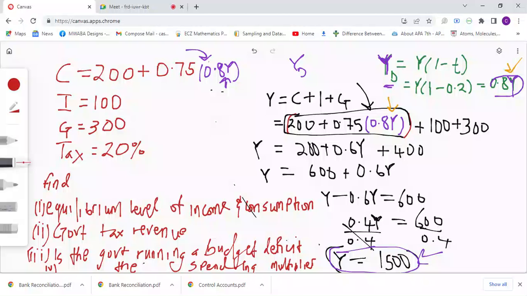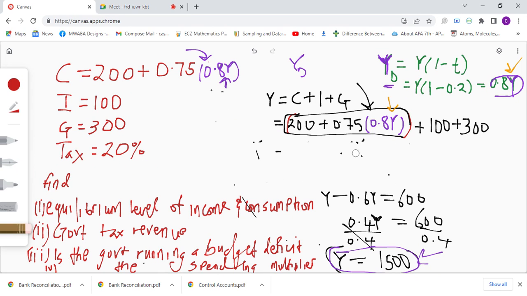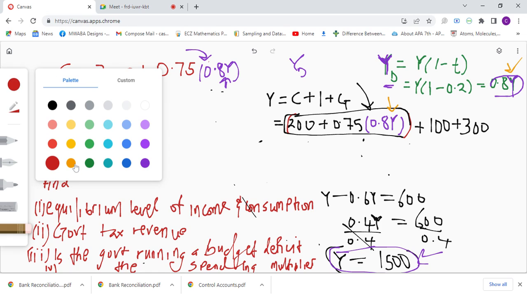Right, so part 2 of the question tells us to find the government tax revenue. Okay, so to get the government tax revenue, let me make space here. And government tax revenue.